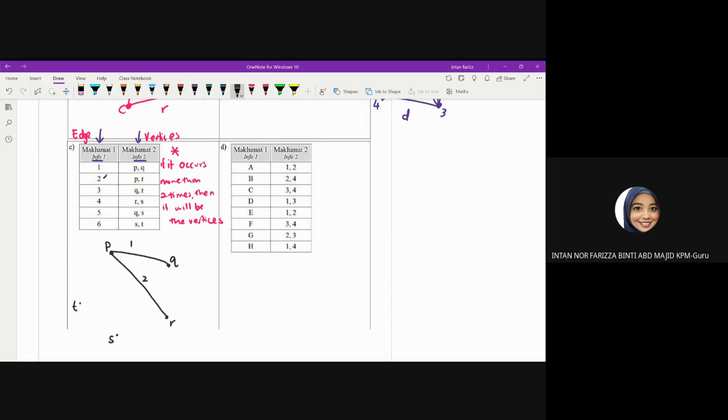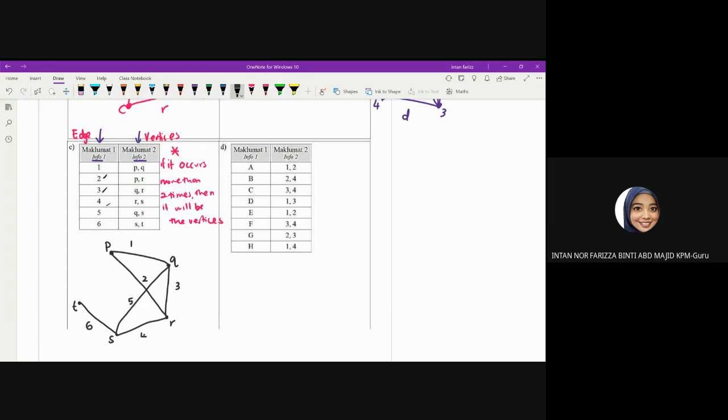Next is QR. Connect these two, label it as 3. RS, connect this one, label as 4. QS is here. QS is 5. ST is here, and that is H6. Okay? Senang.